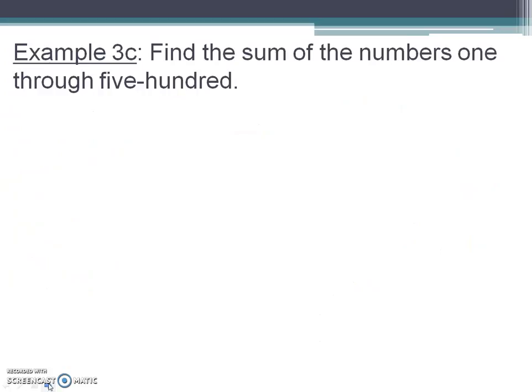And let's look at one more before we end this lesson about arithmetic sequences. Let's find the sum of the numbers 1 through 500. Let's not overthink this one. We're going from 1 to 500 of the sequence n. The sequence is n because it's 1, 2, 3, 4, 5, up to 500.